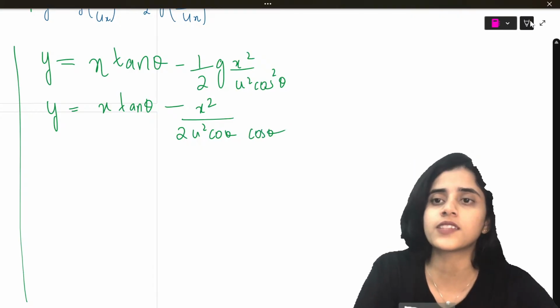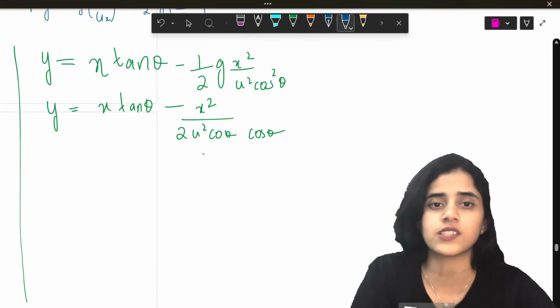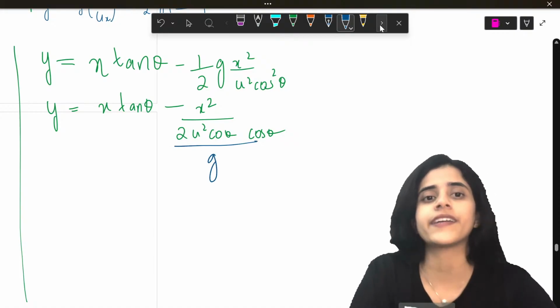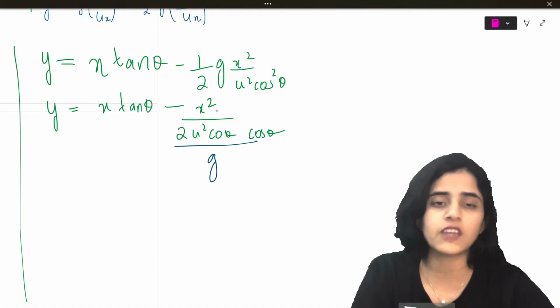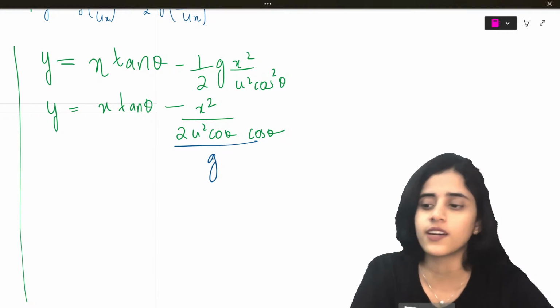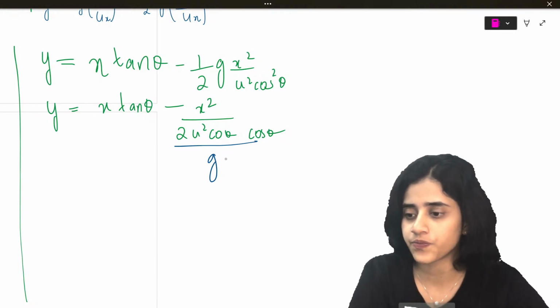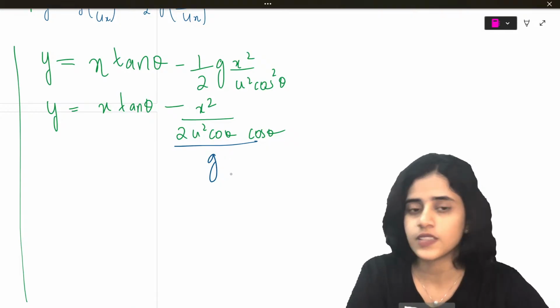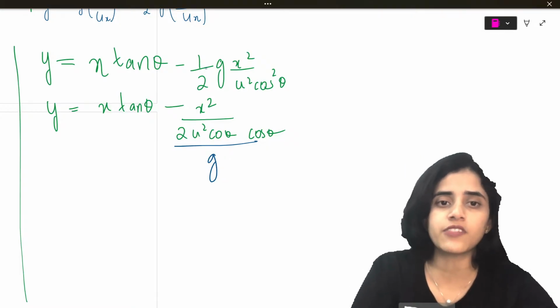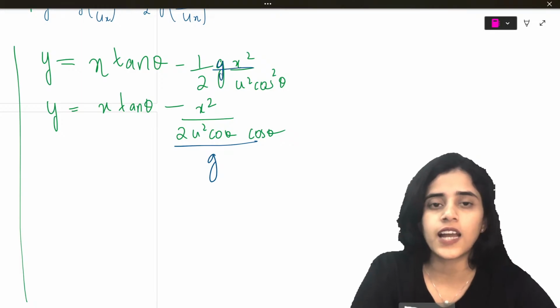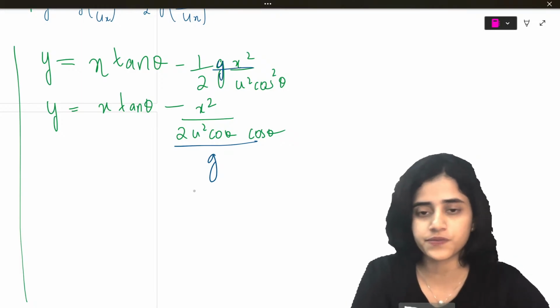So cos square theta, I will write cos theta into cos theta, and I'll take g and divide it in the denominator. Even if I put g in the numerator or here, it's the same thing, right? Yes. So I take g and I divide it here. So this g, I will take it to the denominator.